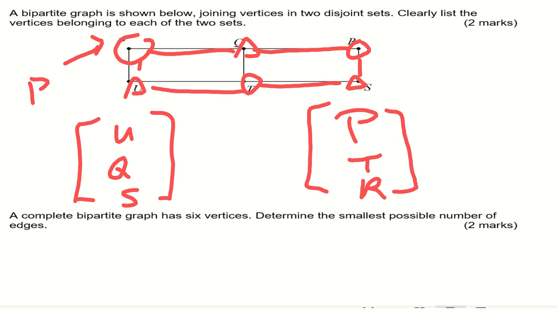Now, next question. Complete the bipartite graph. A complete bipartite graph has 6 vertices. Determine the smallest possible number of edges. All right. So, what's a complete bipartite graph? It just means that if I have two triangles and two circles, the circle must always hit every other element in that set.